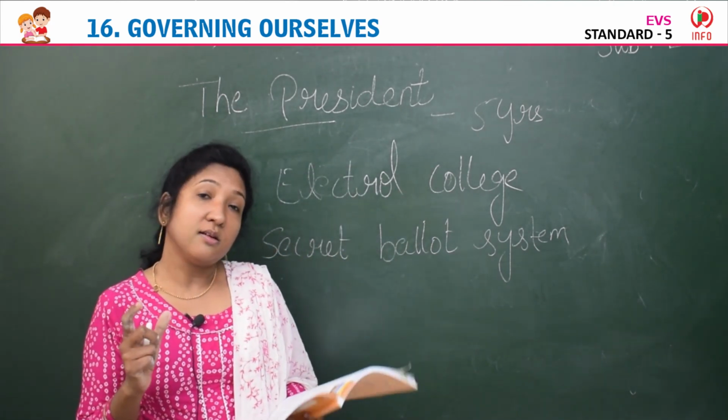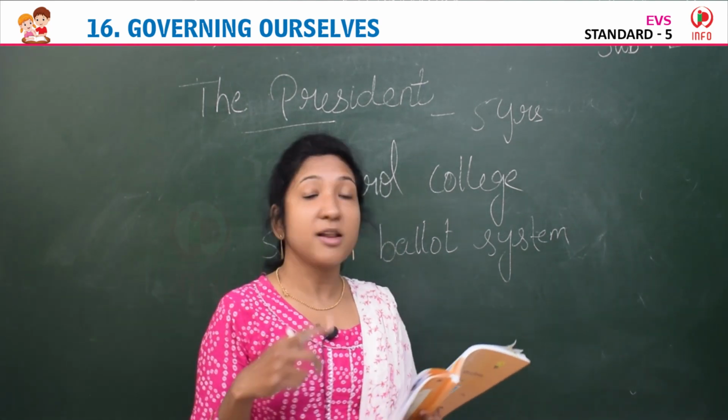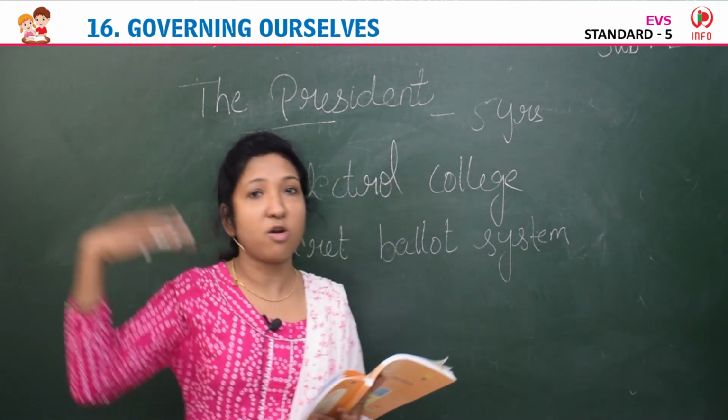There are some rules, like how members of Rajya Sabha and Lok Sabha must be citizens and should not cross a particular age.